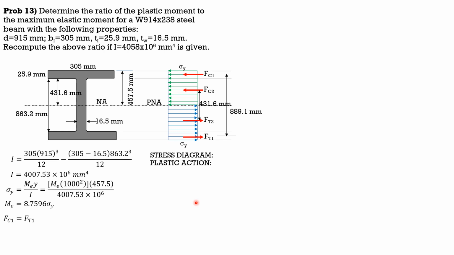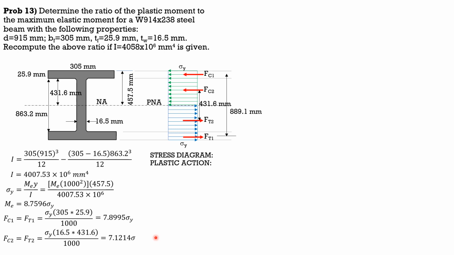So FC1 is equal to FT1, sigma y times area of the flange 305 times 25.9 divided by 1000 to convert it to kilonewton. So 7.8995 of sigma y. FC2, which is equal to FT2, is equal to sigma y times 16.5 times 41.6 divided by 1000.